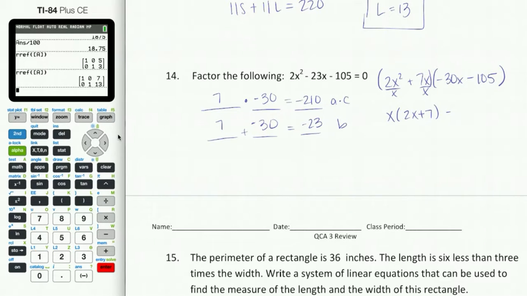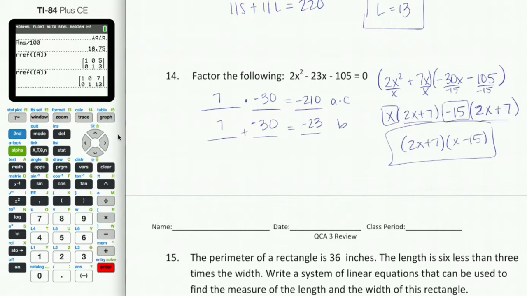And out of the second two terms, we can take a negative 15. When we do that, we're going to get the same thing, 2x plus 7. So from there, we're going to take the two that they share, 2x plus 7, and then we're going to take these two, x minus 15, and that is your final answer.